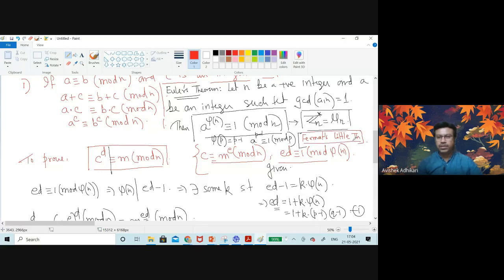Okay. So you can understand that Fermat's little theorem is a special case of Euler's theorem. That means Euler's theorem is a generalization of Fermat's little theorem.